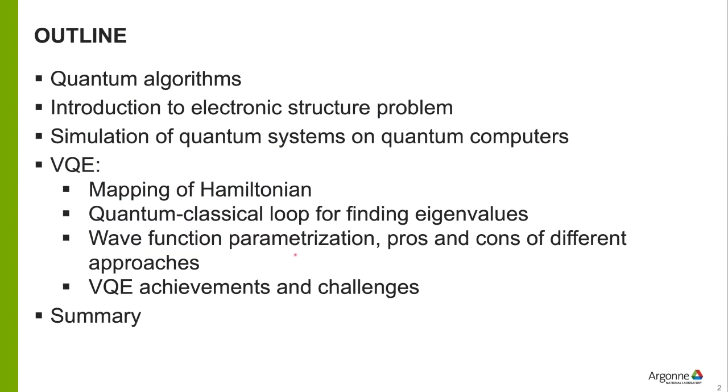And then I'll switch to the details of how variational quantum eigensolver works and its main parts, such as mapping of the Hamiltonian onto qubits, quantum classical loop for finding eigenvalues, and one of the most important parts is the parametrization of the wave function, pros and cons of different approaches, and I will end with the achievements of this method and the main challenges.